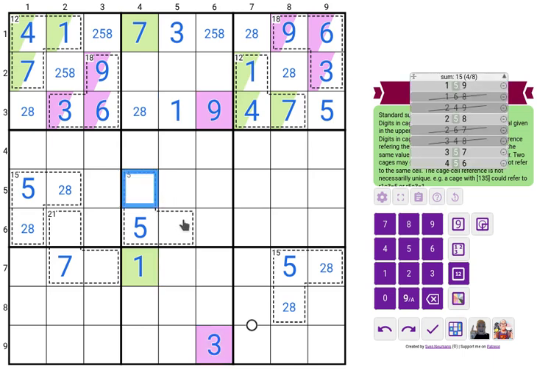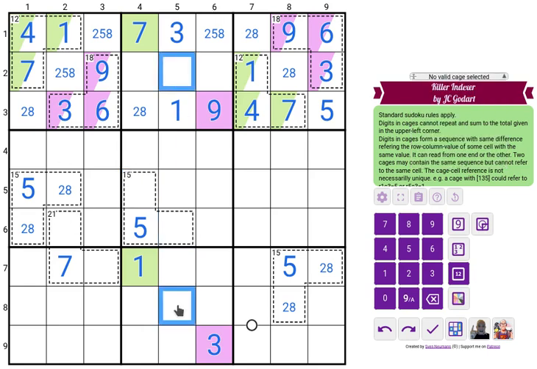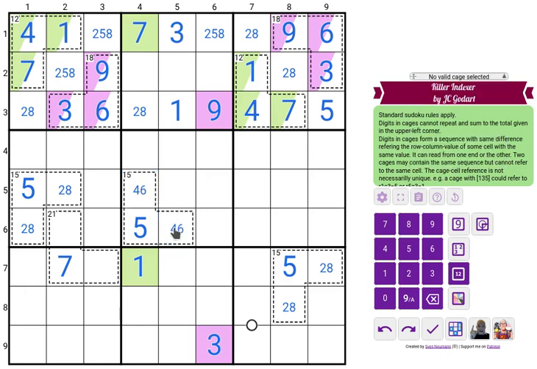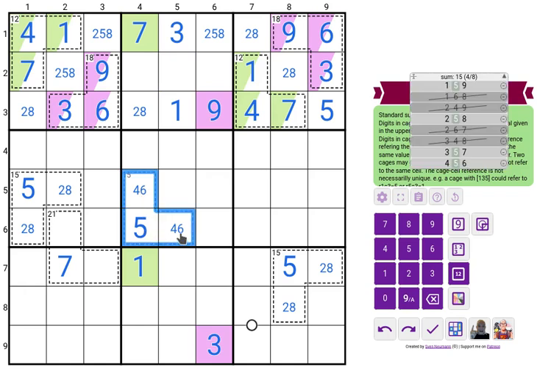Well, this can't be 2 8 because it would place 2 8 here and leaving nothing for this cell, and can't be 1 9, no 3 7, so it must be 4 6. These are the only 3 possible combinations.